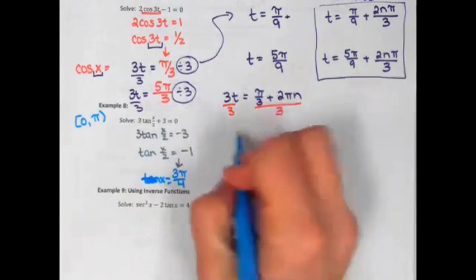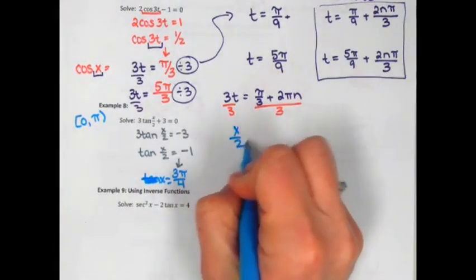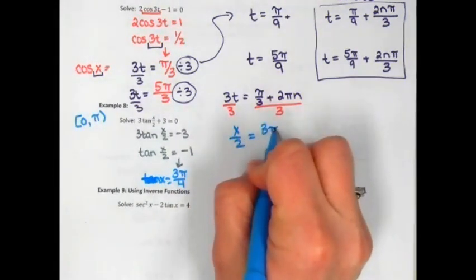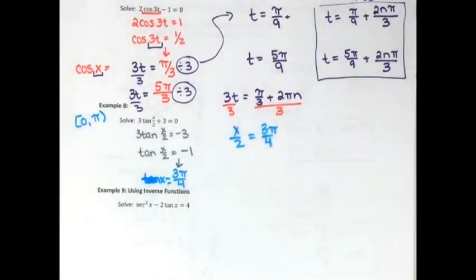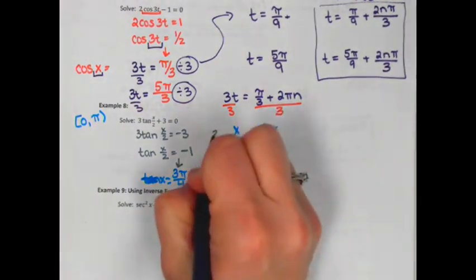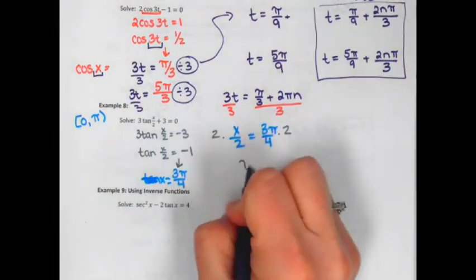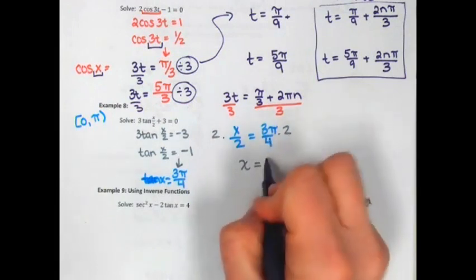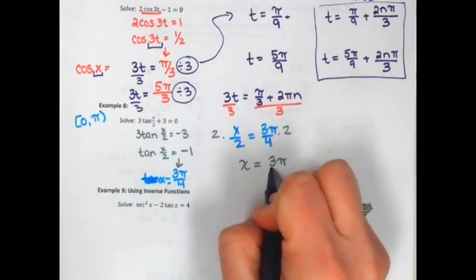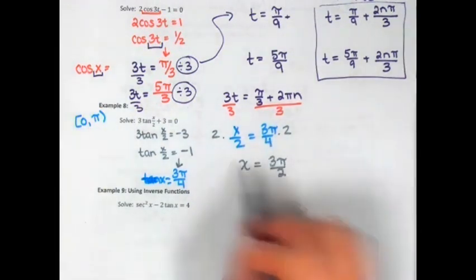We actually have x over 2 equals 3 pi over 4, right? So what would I have to do to solve for x now? Multiply by 2. So we know x is actually going to equal 3 pi over 2, okay?